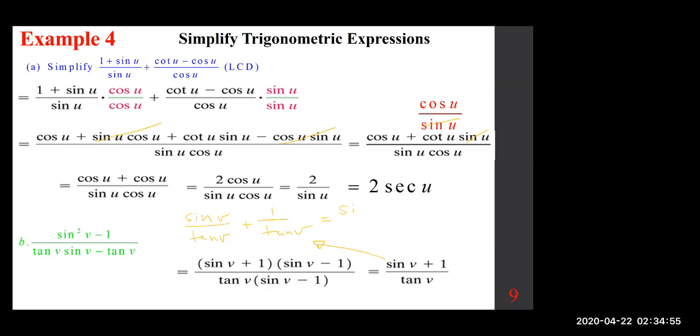Let's see what happens. Sine v over, now, tangent is sine over cosine, plus 1 over tan v. And now let me use a different color for that, class, because I want to finalize this. Now, what is this one equal to?